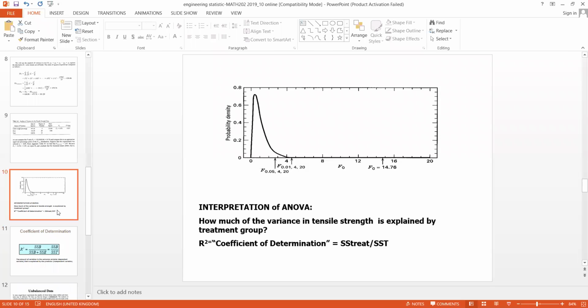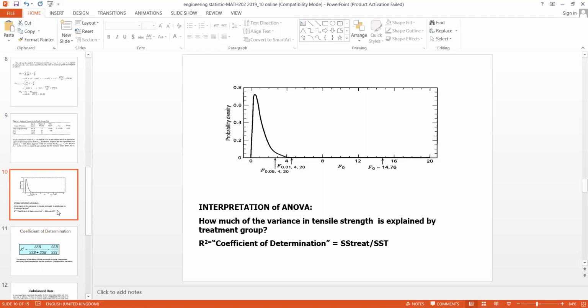Like we saw from linear regression, R squared gives us the amount of variation in the dependent variable explained by the independent variable. In this case, the tensile strength is the dependent variable. It depends on the amount of cotton in the fabric.